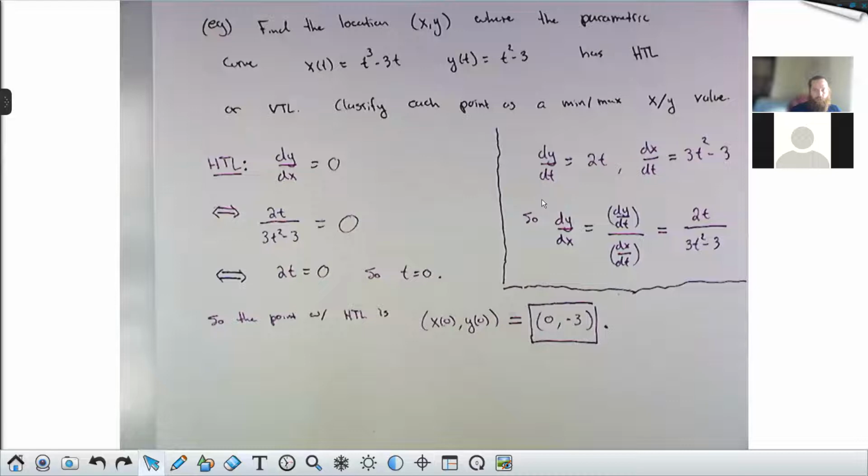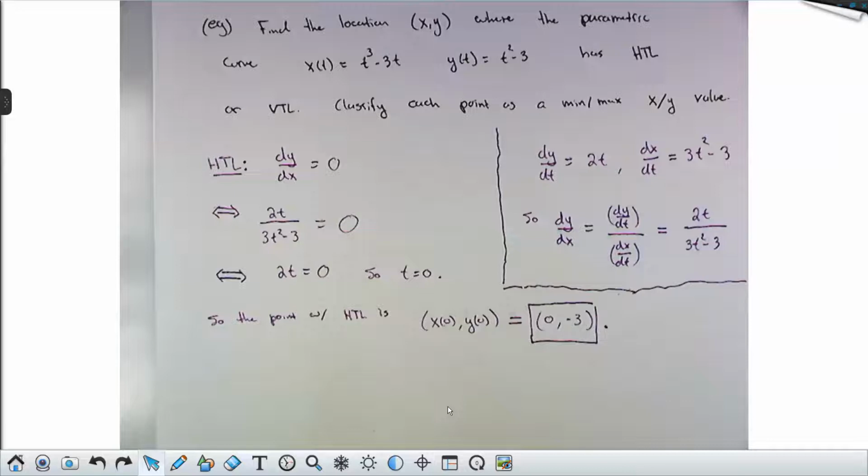Any questions on how we got the derivative dy dx here? Any questions how we solved the equation dy dx equals 0 to get the t equals 0 here?